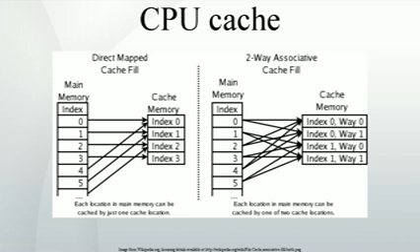K6-3 included 256 kilobytes of on-die L2 cache and took advantage of the on-board cache as a third-level cache, named L3. Motherboards with up to 2 megabytes of onboard cache were produced. After the Socket 7 became obsolete, on-motherboard cache disappeared from the x86 systems.